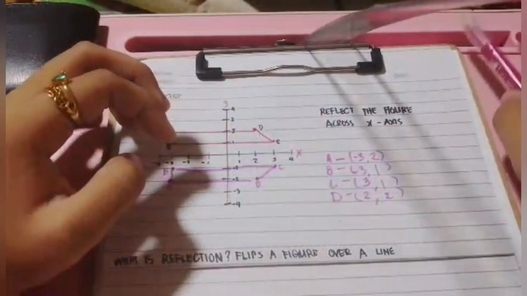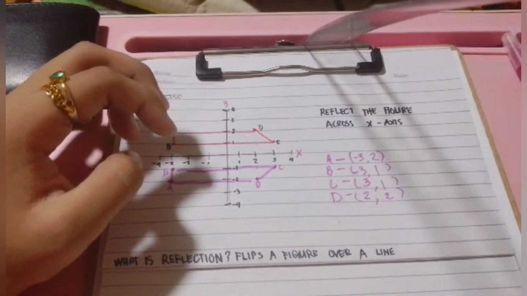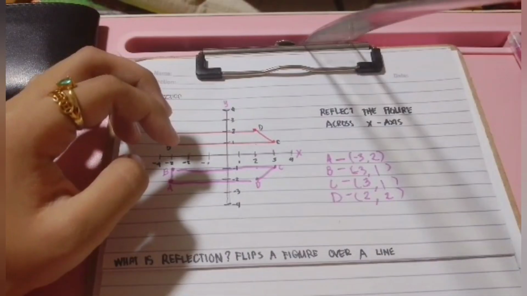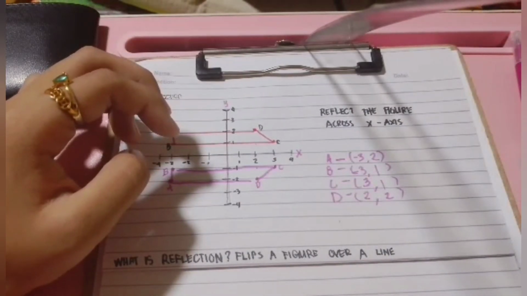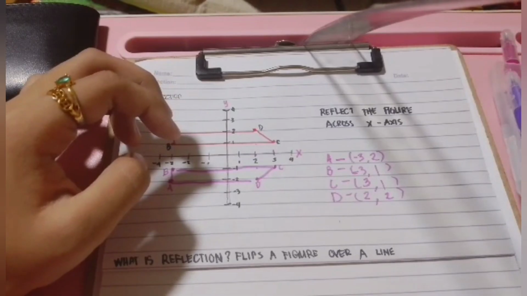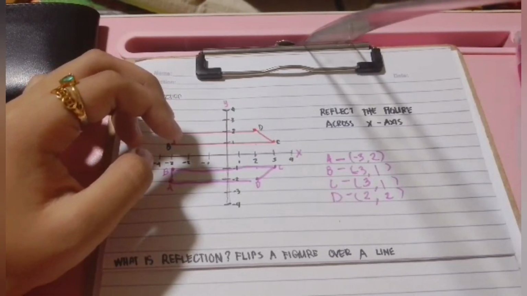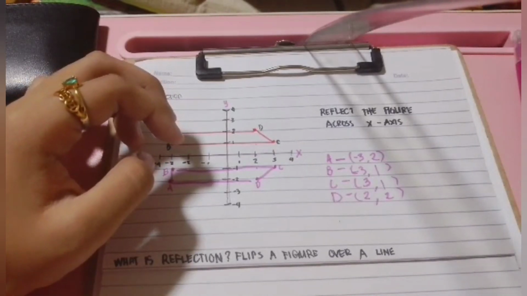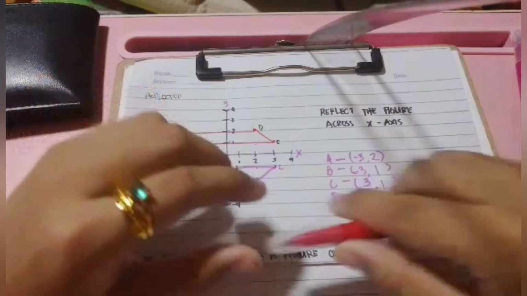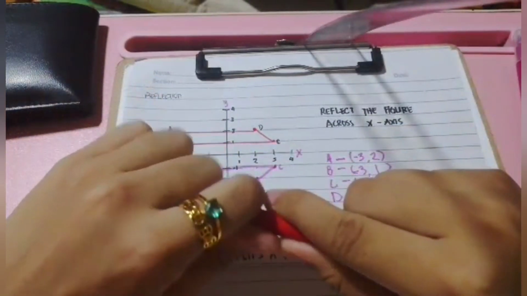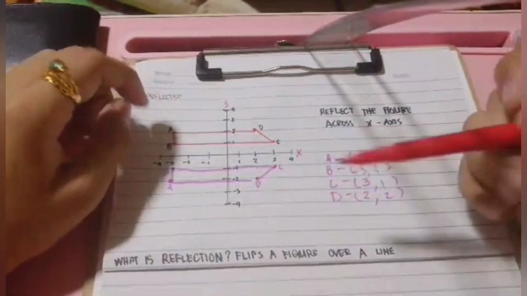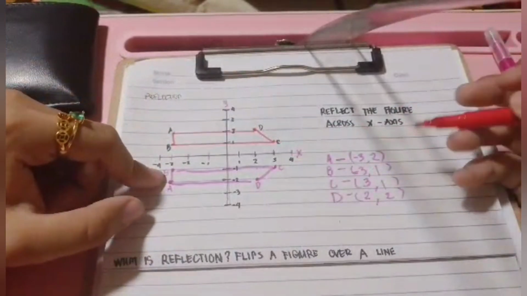What about the reflected figure? I will use a different color for this. So, what about here?